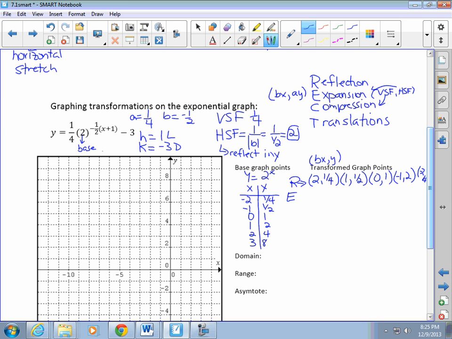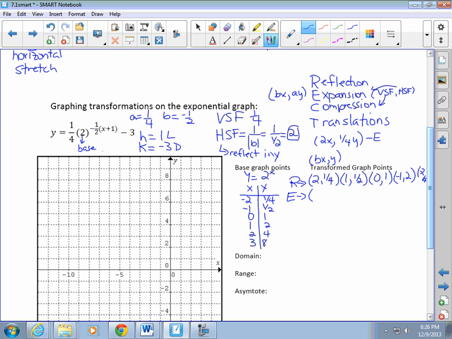So I'm going to multiply by that 2. So for this particular equation, it's going to be 2 times my x, and then my A value is 1/4, so it's going to be 1/4 times y. So this is for the expansions.